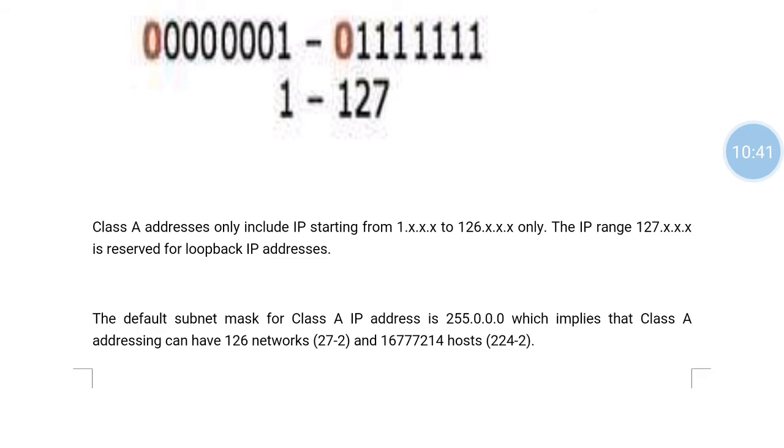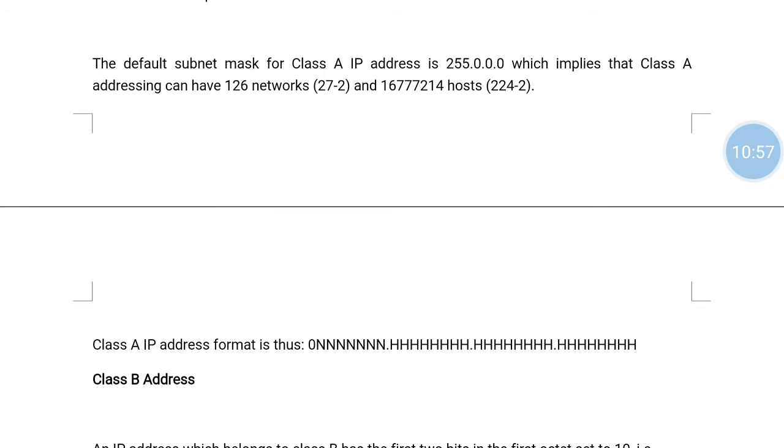Basically, the subnet mask is used to differentiate between the network address and the host address. So, for class A, the subnet mask is 255.0.0.0.